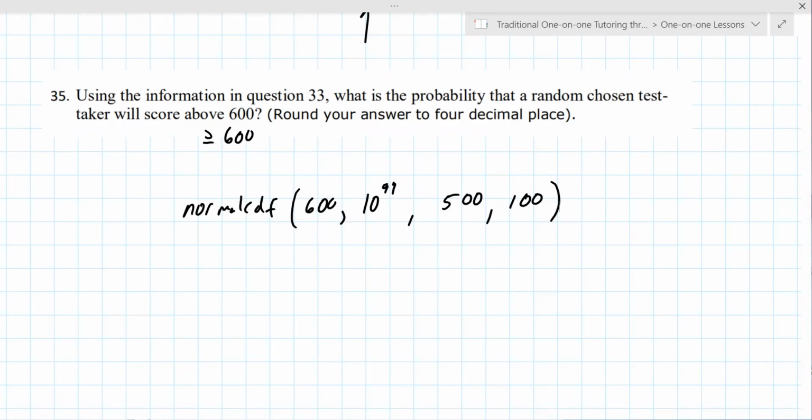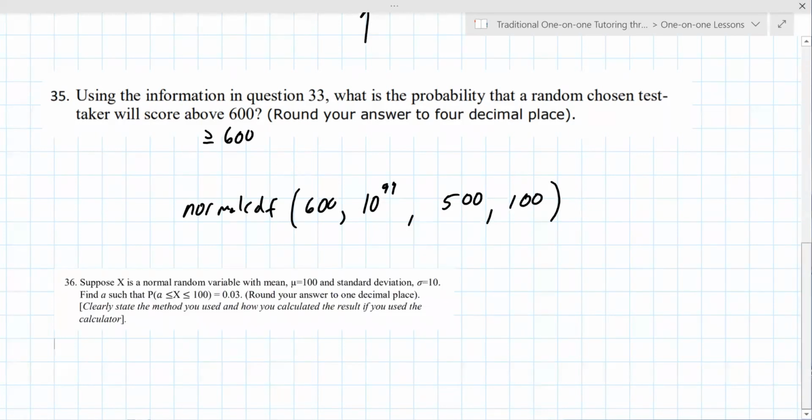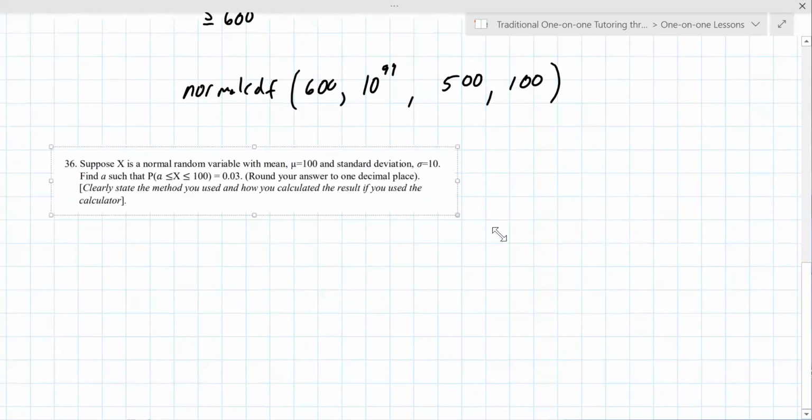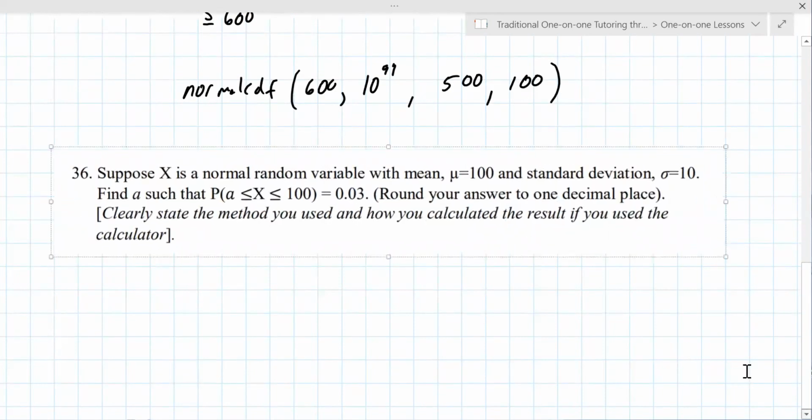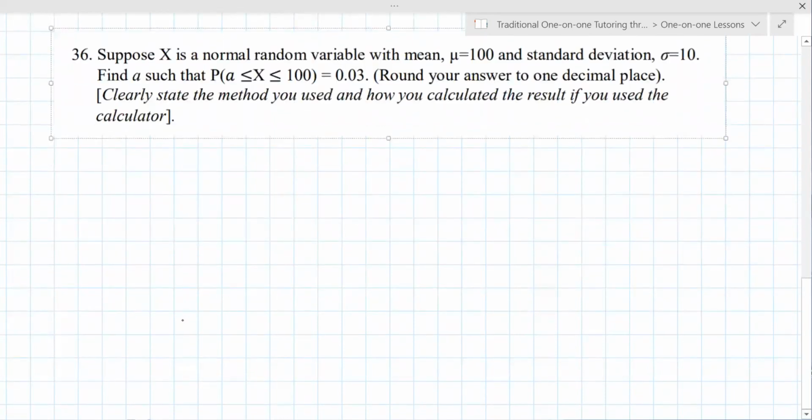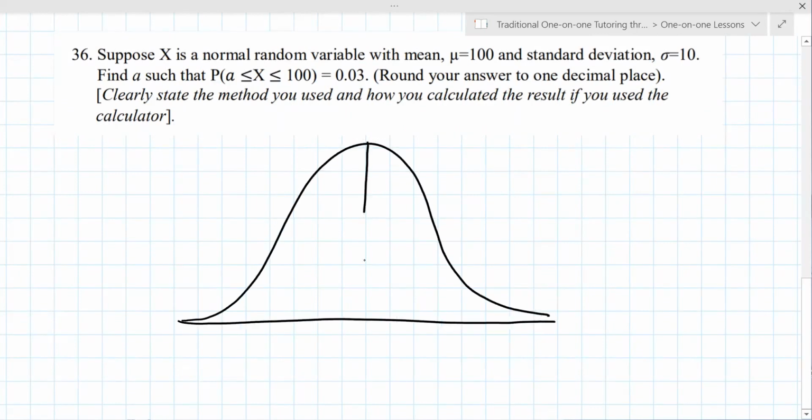Okay, and then 37. 36 is different, just by the way. It's backwards. Okay, so I have to draw a picture here so that it's clear what's happening. The mu is right in the middle, and that's 100. And A, which we don't know, is somewhere here.